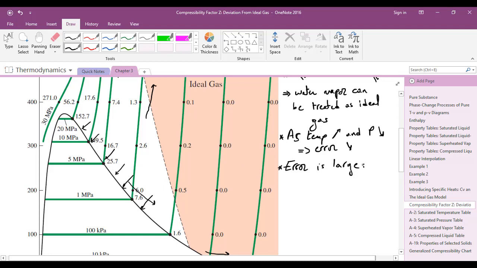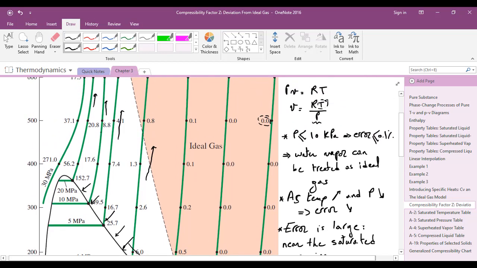So it is large near the saturated region, and also high near the critical point.